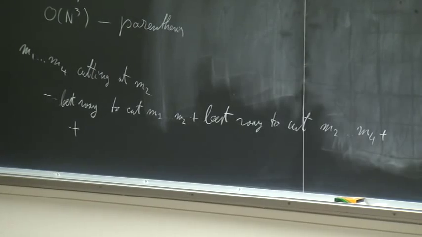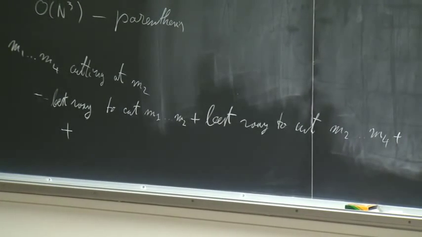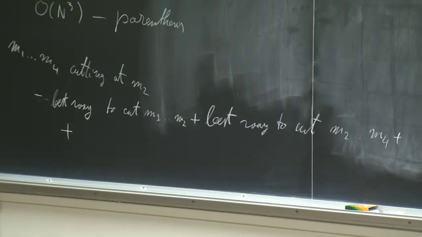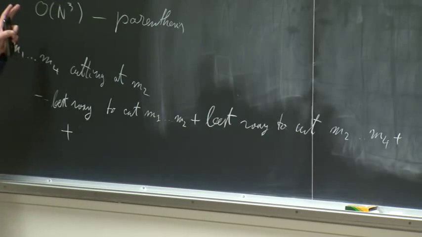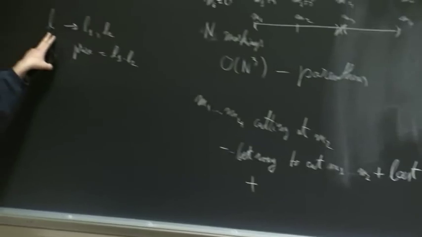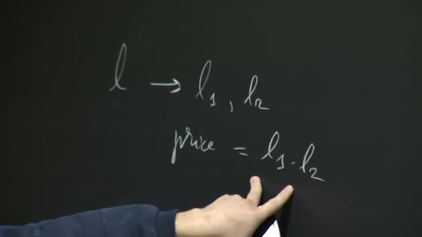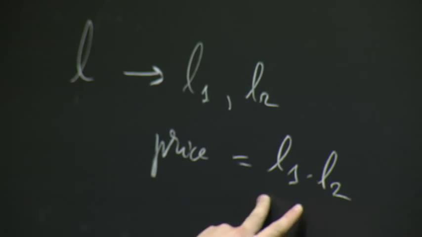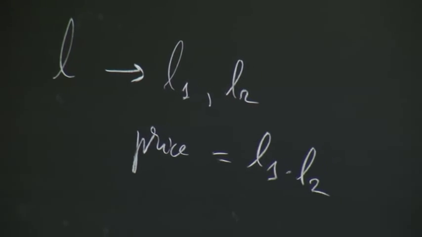What's this term? 4 minus 1 or something. Or the location of 4 minus location of 1. So 4 minus 1, not quite, almost. So if I'm cutting a board into 2 pieces, the cost is the product of the length of the 2 pieces. M2 minus M1 times.